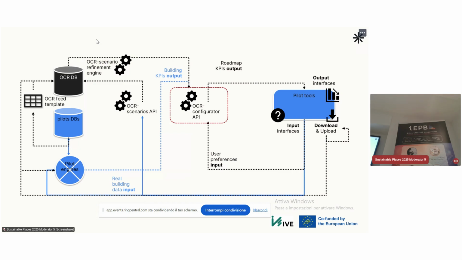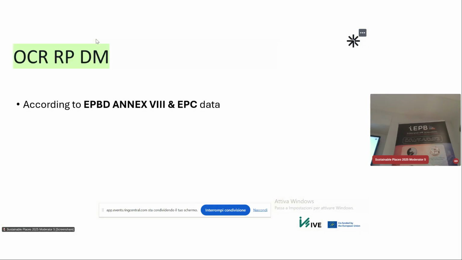So what we have tried to do is put the pieces that were missing in order for all these tools to be able to show harmonized results in the interfaces.